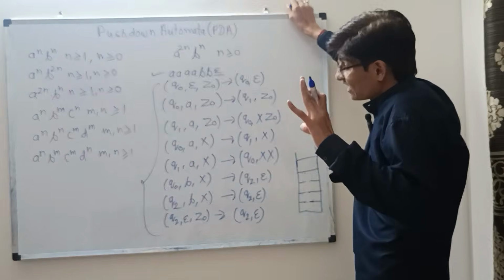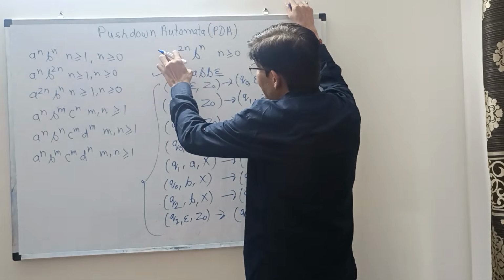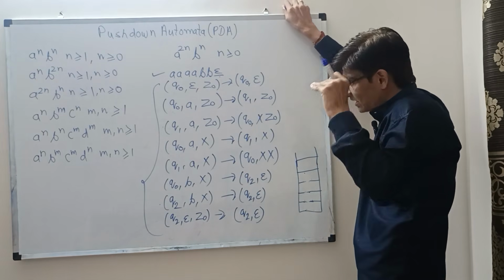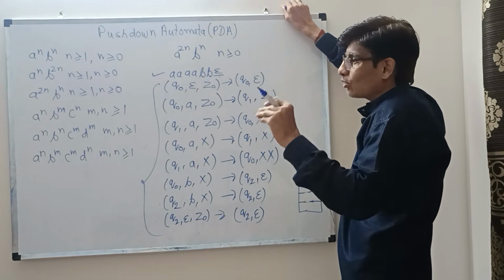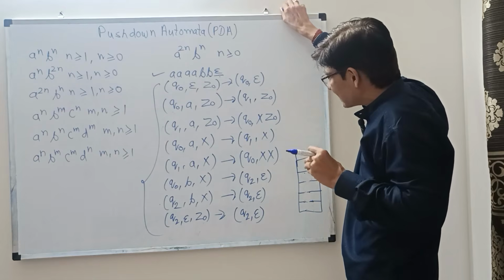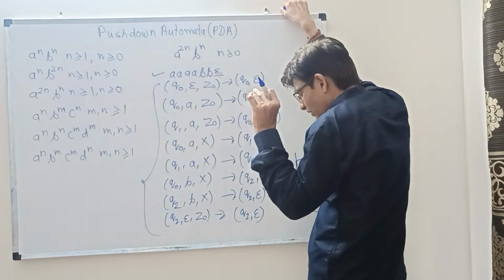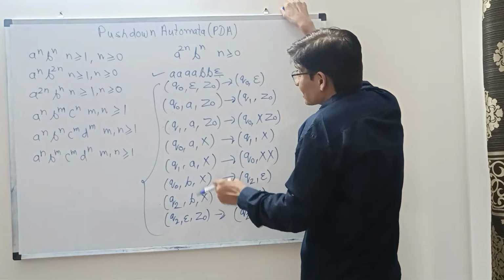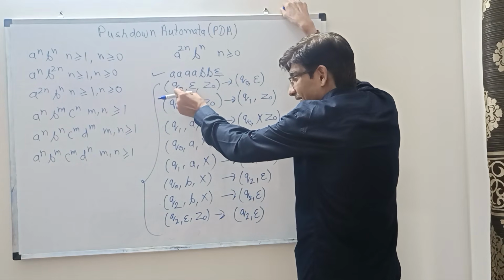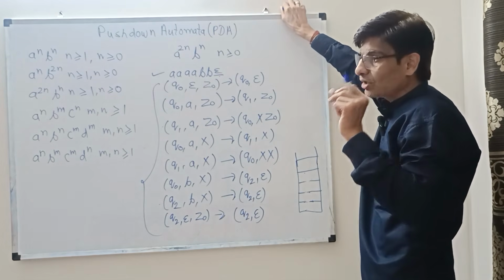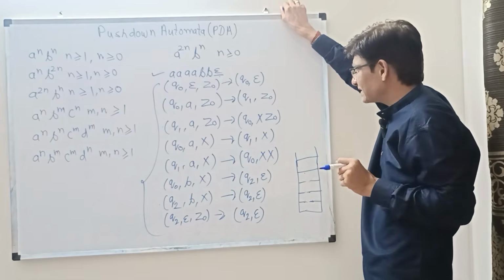Now suppose you have A to the 3n, B to the n, then what will you do? For 3 A's, you need to add only one X into the stack. For any triplet of A, for the first 2 A's, you will change only the state. You will not push any symbol into the stack.